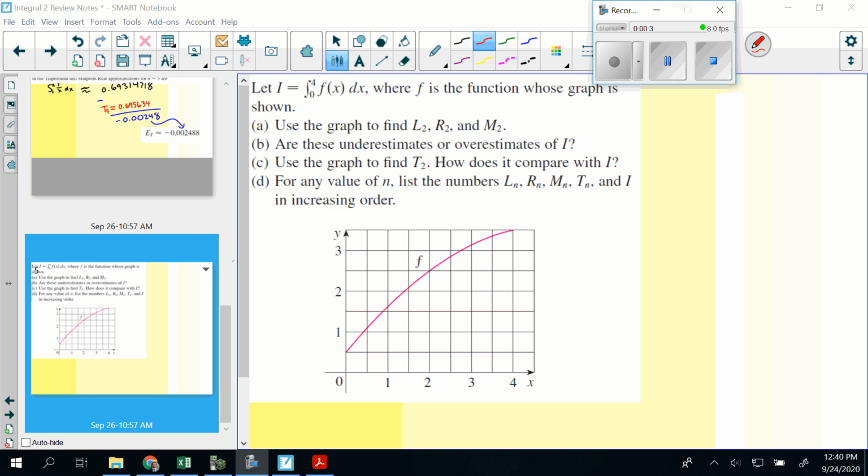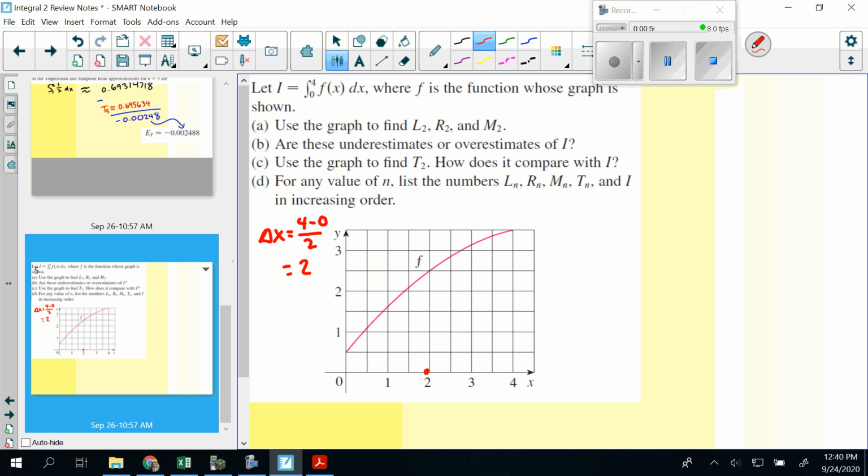Let's start with the L, left-hand one here. The 2 indicates they want us to use two rectangles. If our length here is 4, that means our change in x is going to be 4 minus 0 over 2, which is every 2 spaces they want us to make a rectangle. So that would be right here.